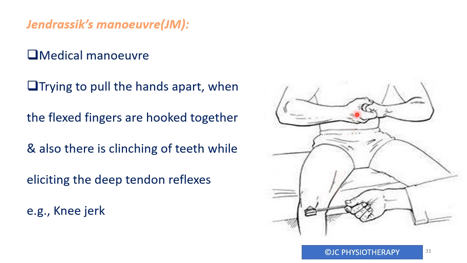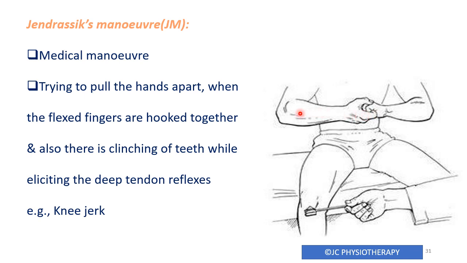So you can see here the examiner is trying to elicit the deep tendon reflex, here the knee jerk, and the subject has hooked both the hands together and the fingers are flexed. Now what will he try to do?